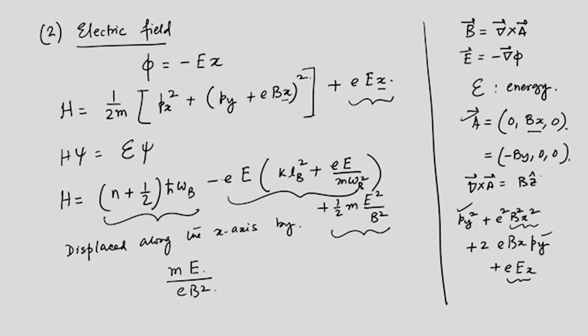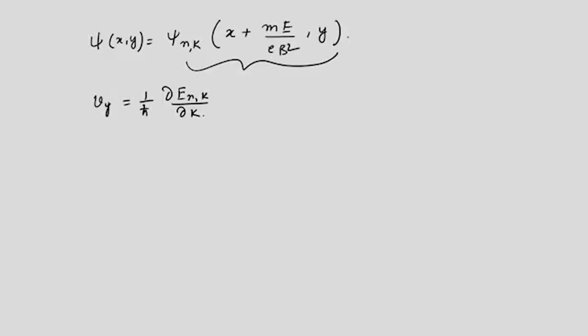It just picks up a factor which is minus e into capital E into this l_B square. And this is equal to nothing but, there is a minus sign which I should write, e by h cross e l_B square. And l_B, just to remind you, is the magnetic length which we have talked about earlier, which is equal to the square root of h cross over eB.